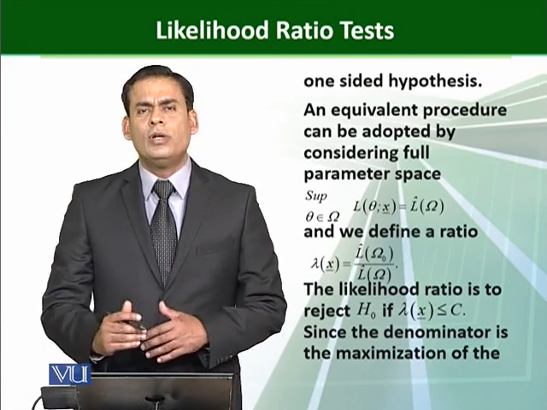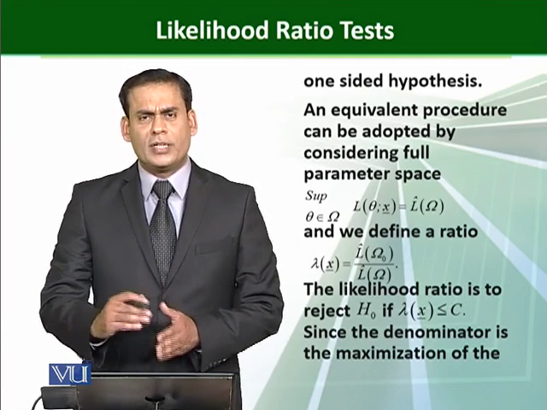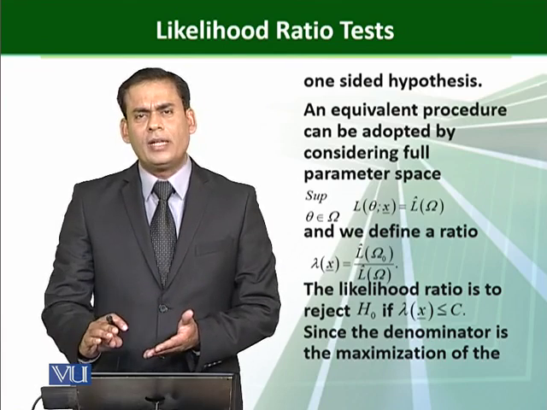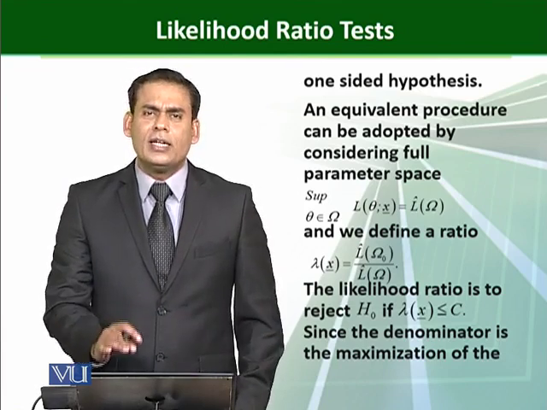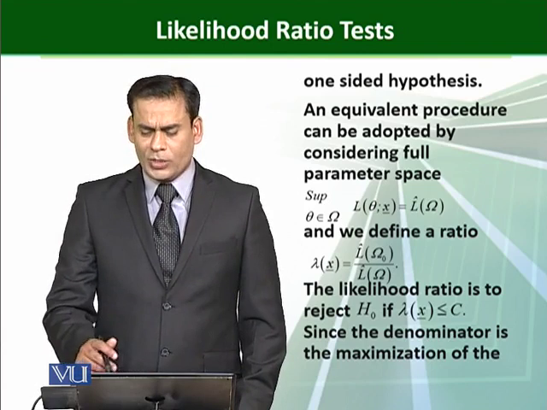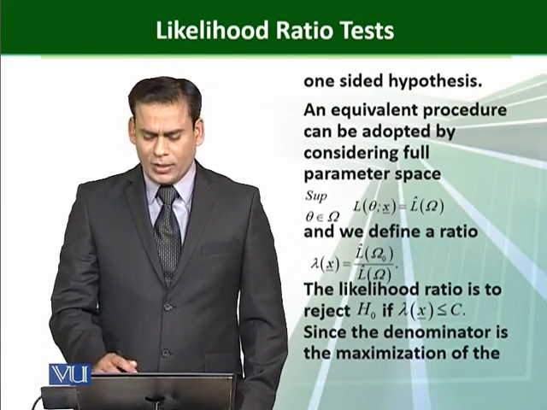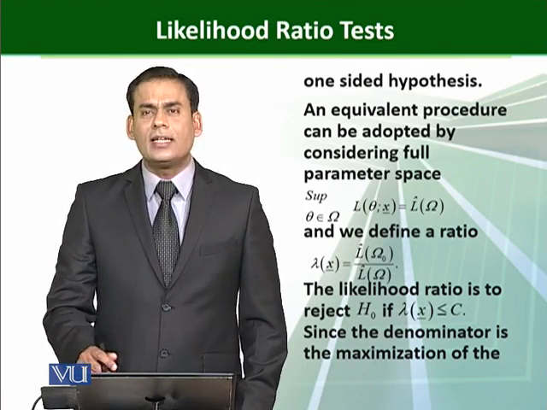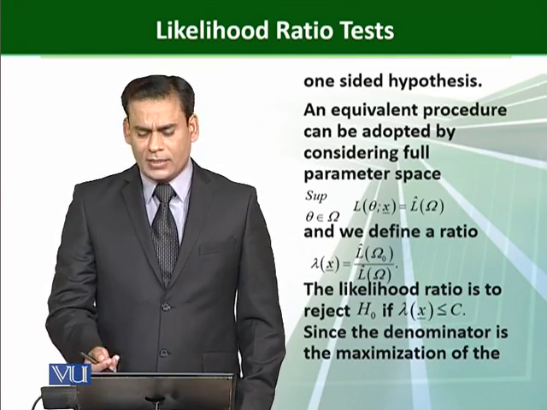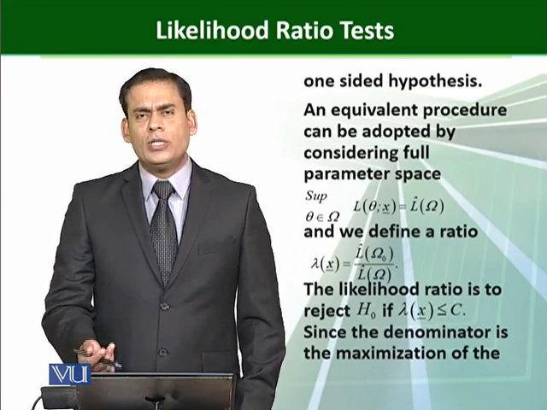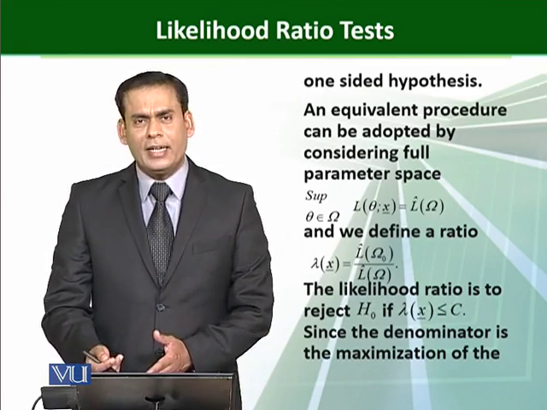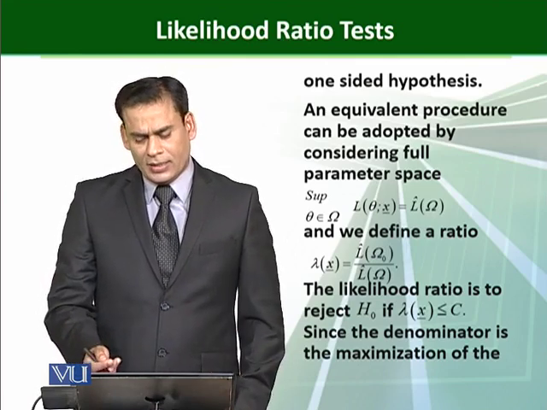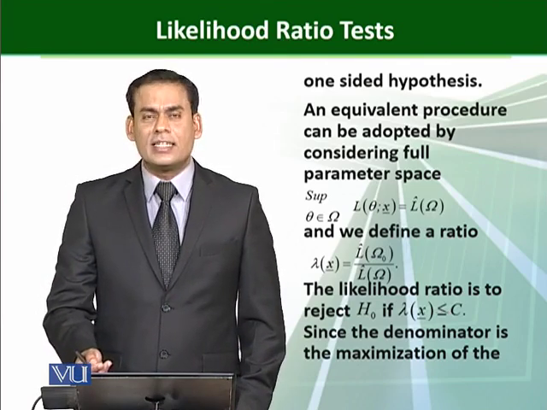So we have two functions, one based on the full likelihood function and one based on the null hypothesis. The likelihood ratio test is to reject H0 if lambda(x) is less than or equal to c. Very obviously, the denominator is a larger value, so the criterion for the rejection region is that lambda(x) is less than c.